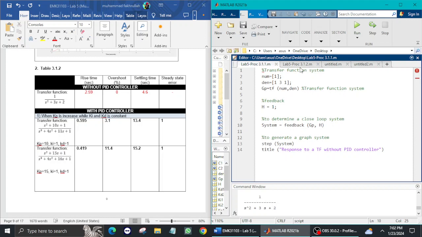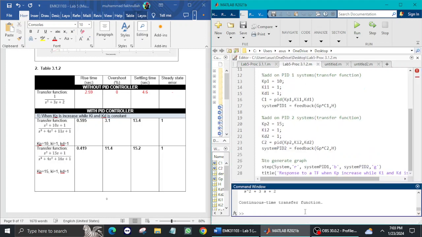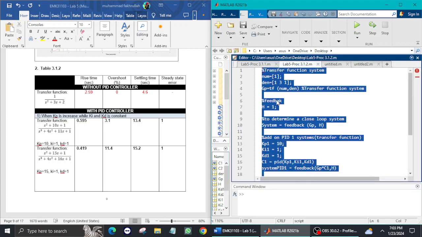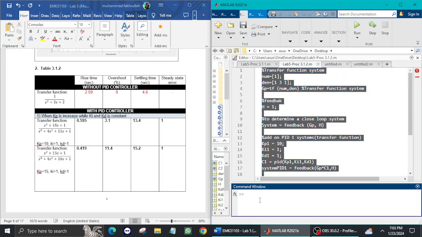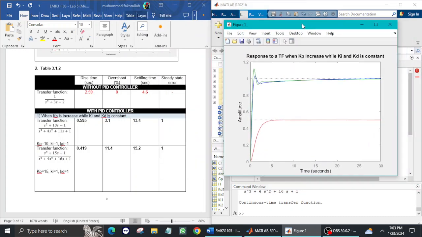Here is my coding, and this is my result.